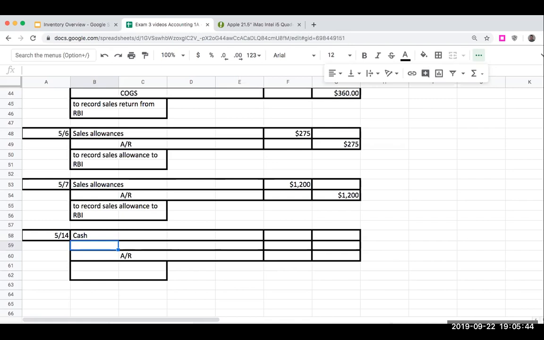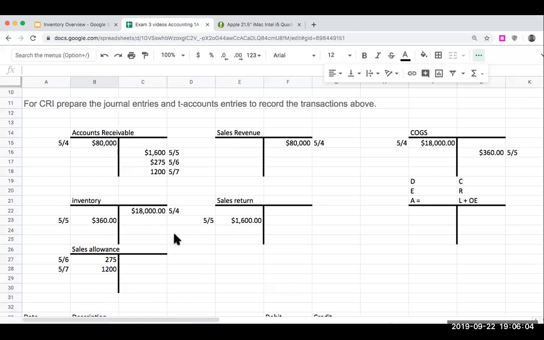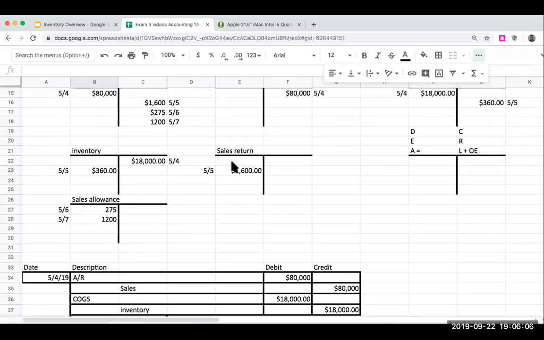I'm going to be debiting sales discounts, and I'll be crediting AR to record cash received from the customer, from RBI. So I know that this is ultimately the form of the journal entry I will do. It never, ever changes.